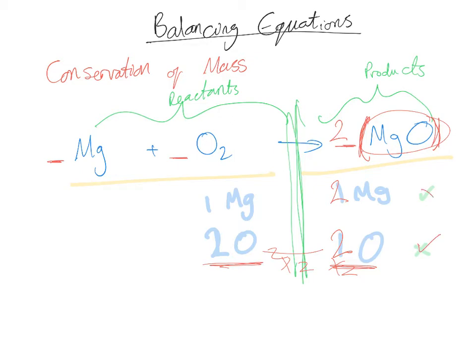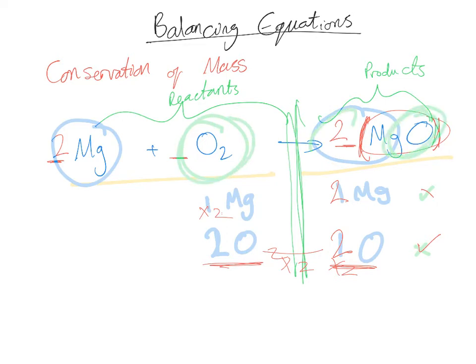The only way I could get this side balanced now is if I times this by 2, big number 2 there, and now my formula is balanced because I've got 2 magnesiums on this side, 2 magnesiums on this side. I've got 2 oxygens on this side and 2 oxygens on that side as well. So this is balanced. Let's do some more for some practice.